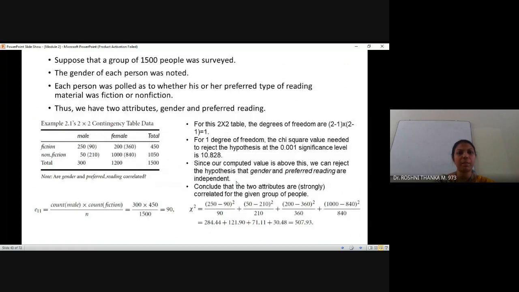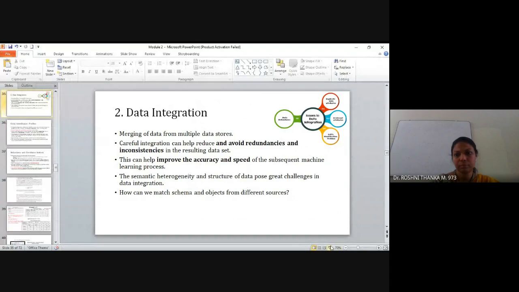In this table, we have given it in a simple manner from the book. What is outside the parenthesis is the observed value, and what is in the bracket is the expected value, the value which we calculate. So I hope you remember how to calculate the expected value, right? How will we calculate the expected value?